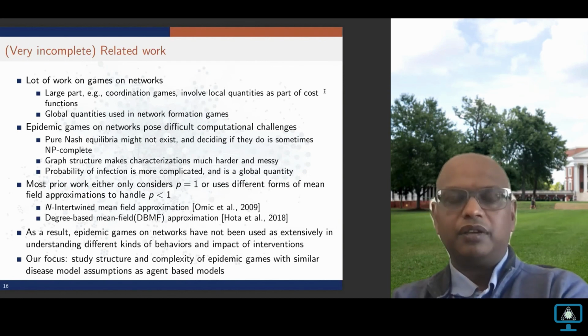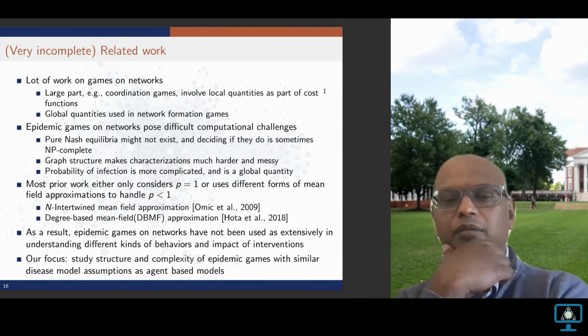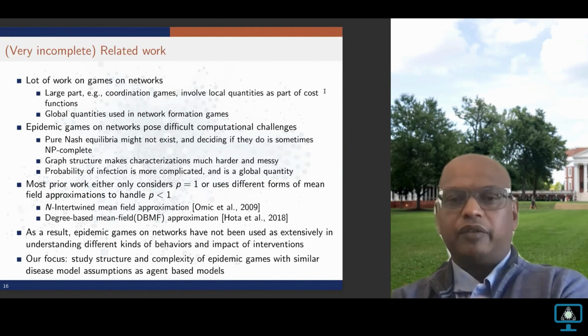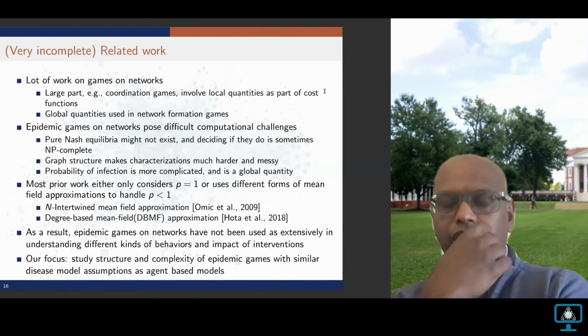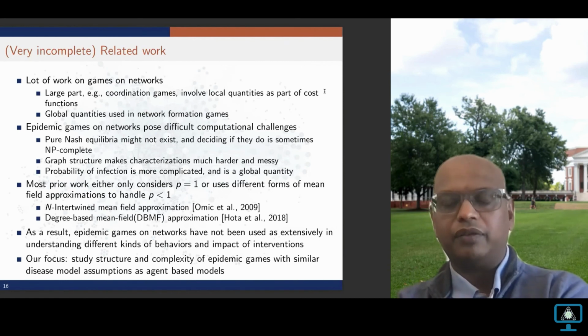A lot of the work has focused on p equals 1, starting from the paper by Aspnes et al., which I haven't cited here, because even that becomes algorithmically pretty hard. When p less than 1 has been handled, it's often been using mean field approximations. And I've mentioned a couple of different ways to handle that.